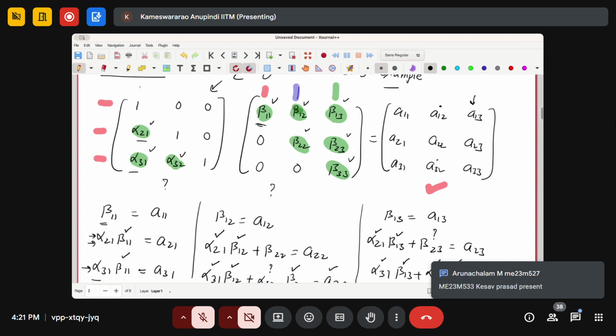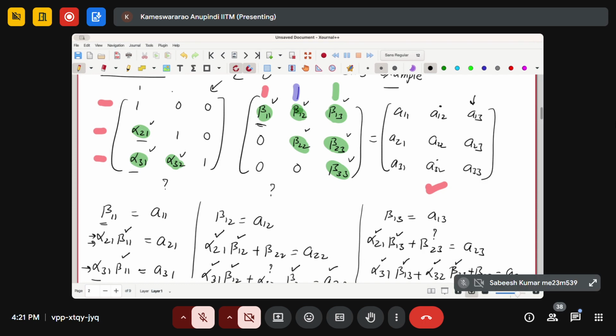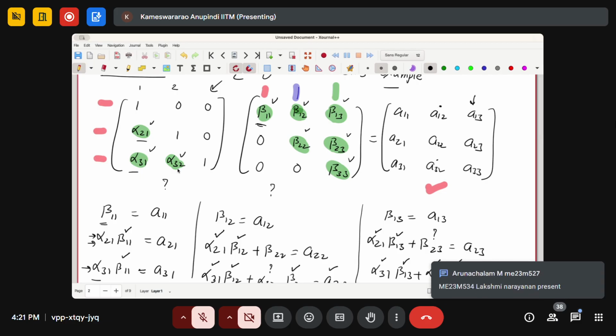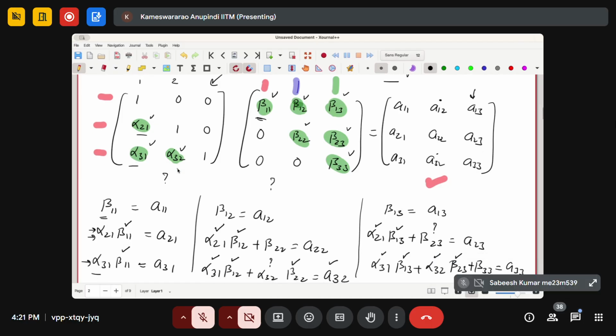If my j equals 1, I'm going to go from 2, 3, all the way to n. Similarly, if my j equals 2, I'm going to go from 3, 4, 5, and so on all the way to n. So for beta values, i runs from 1 to j. For alpha values, i runs from j plus 1 to n, right? That's what we know, because that is the columns as we see a pattern from here.